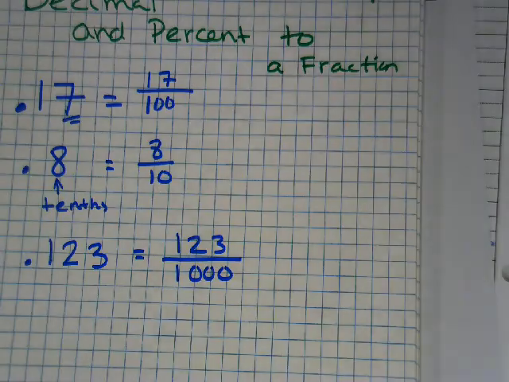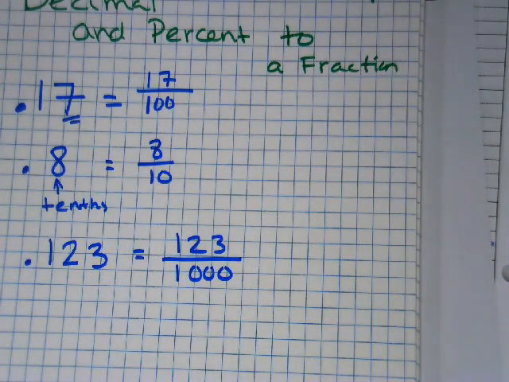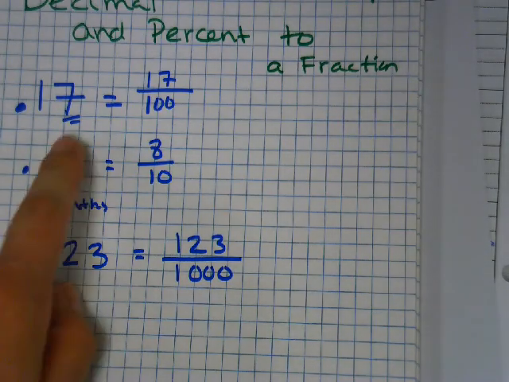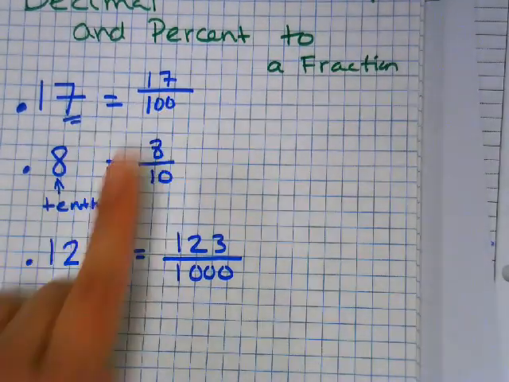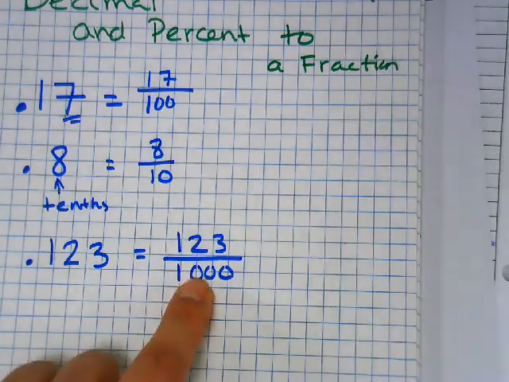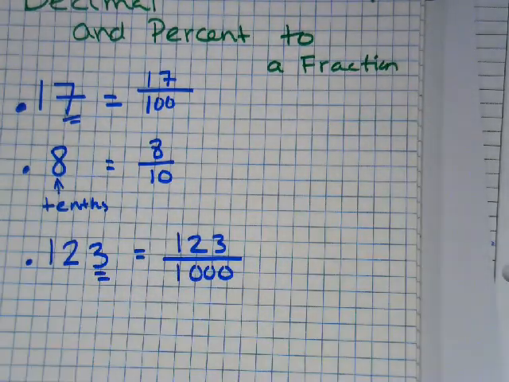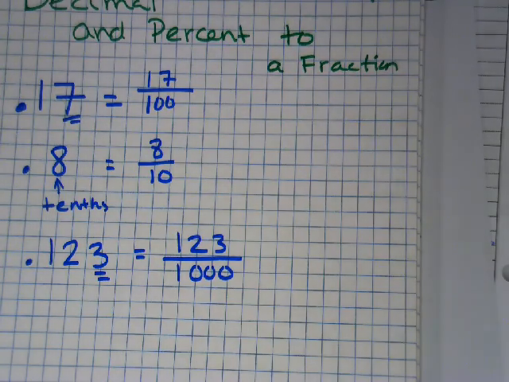Because guess what's going to be on the homework today? This. Part of it. Remember, your homework is everything. Front, back, middle, sideways, upside down, all of it. Easy? So depending on your last number, the hundredths, the tenths, the thousandths. The 3 is in the thousandths place, so your denominator is 1,000.